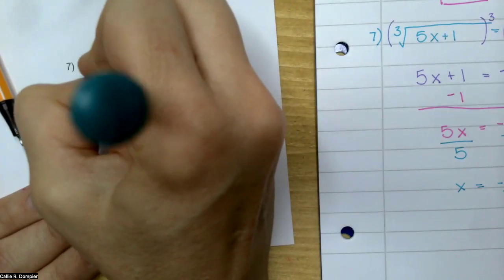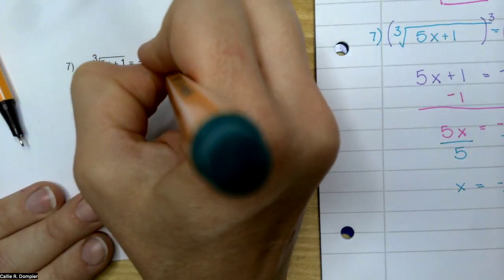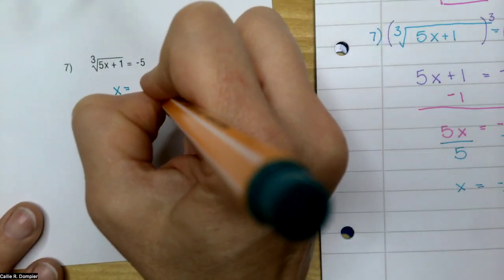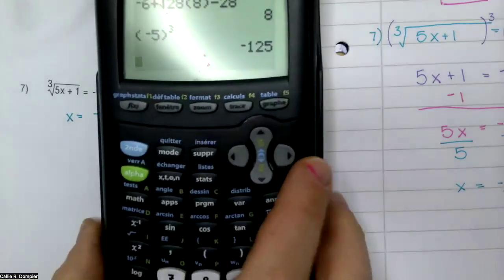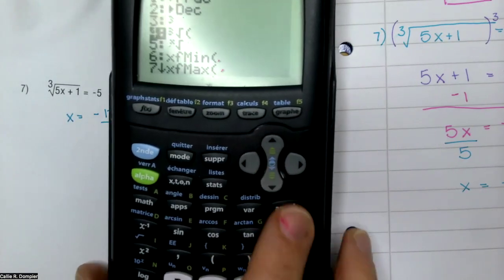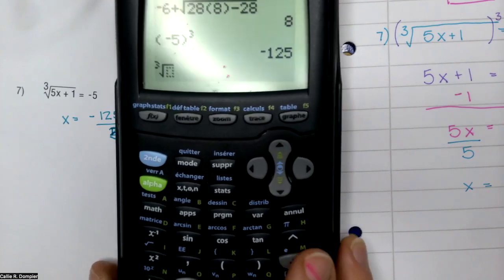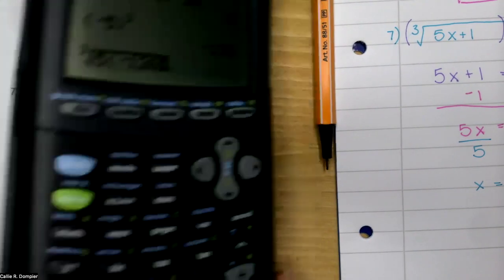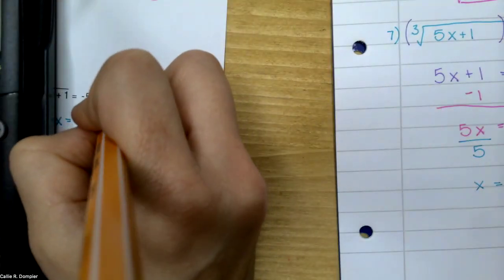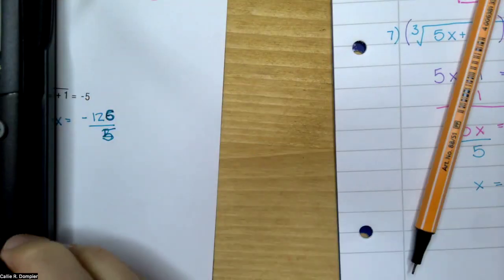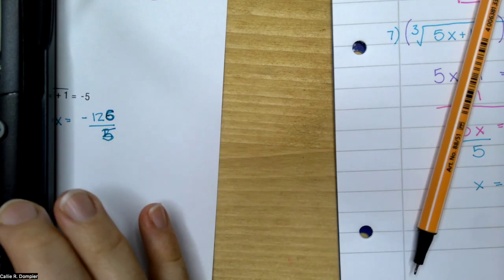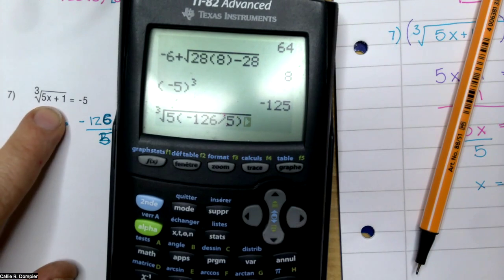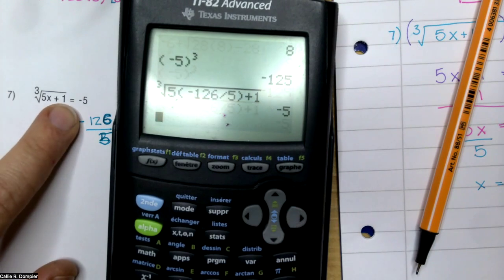We do need to check it. The cubed root of 5 times -126, I wrote that wrong, divided by 5 plus 1 should give me -5.